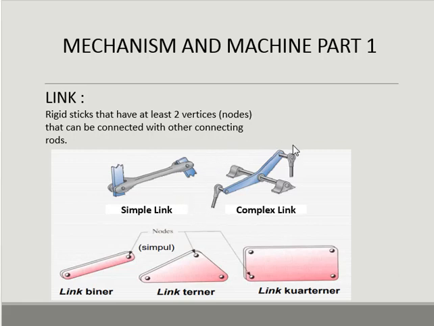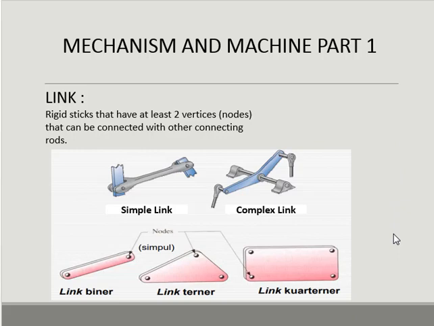And the second example is a complex link. The complex link is like this. It has 1, 2, 3, 4 links, and 1, 2, 3, 4, 5, 6, 7 joints.